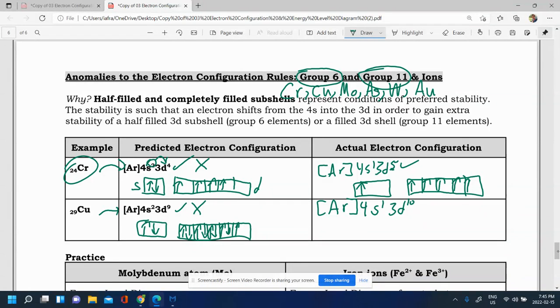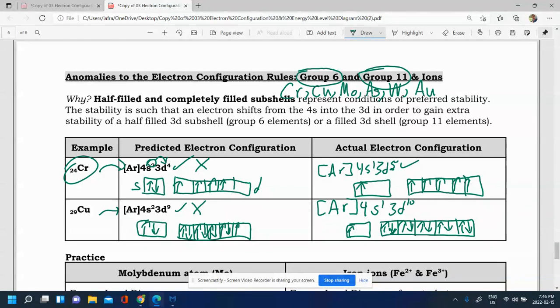So it looks more like this. And then the D is full. I'm not following Hund's rule here because it's full, so I'm just pairing right away because I know it'll be full anyways. But in reality, you'd have to follow Hund's rule, place singly, then pair after. Just don't tell anyone.